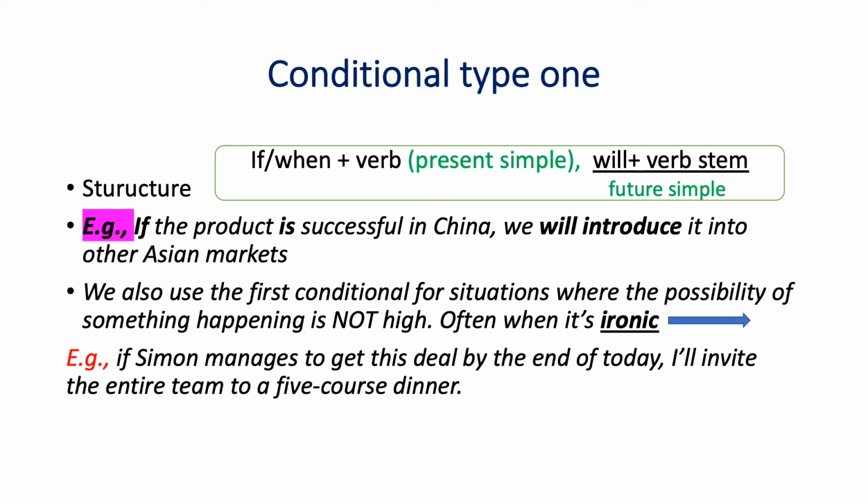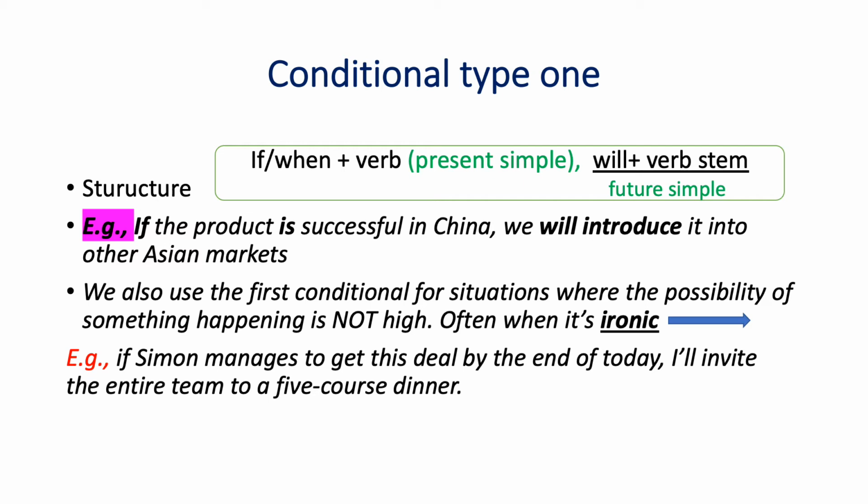So if the product is successful in China, okay, we will introduce it into other Asian markets. Here in the if clause, we have the verb is, okay, in present simple, and we have will introduce in future simple. We have will plus stem here, okay, so this is conditional type 1.